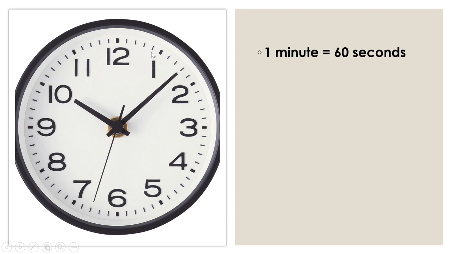So between any two numbers there are 5 divisions. Let us count the number of divisions between 1 and 2. 1, 2, 3, 4, 5. So children, you can see that there are 5 divisions between any two numbers of the clock.